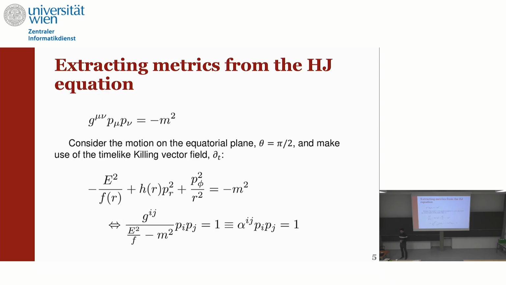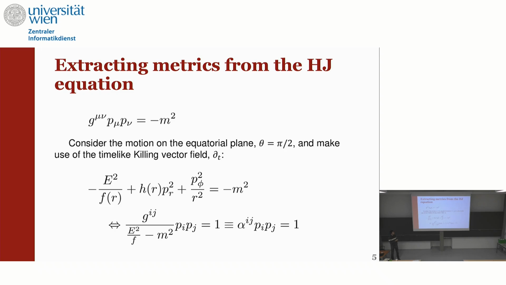And now we will study the metrics of this spacetime. So we start with the Hamilton-Jacobi equation, which reads like this when we use the Killing vector field ∂t, and we focus on the equatorial plane because, since we are considering spherically symmetric spacetimes, all motion is planar, so we can reduce to the equatorial plane.